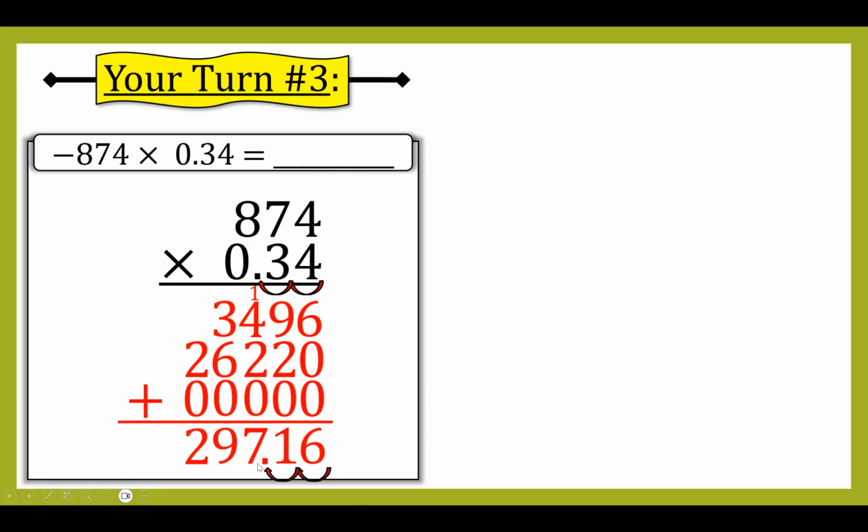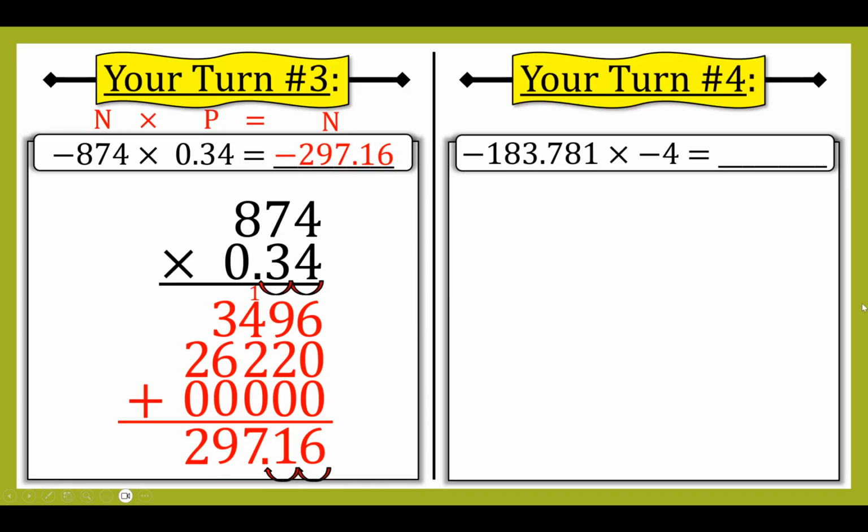So I have 297.16. I'm not done because I always have to ask myself, is it positive or negative? So I come up here, negative times a positive. Well, I know by the integer multiplication rules, a negative times a positive is negative. So my answer is negative 297.16.